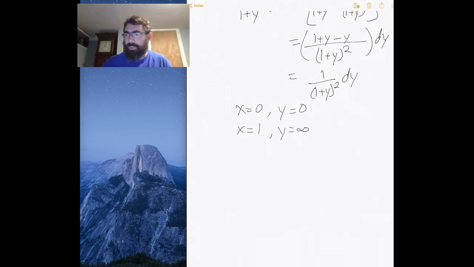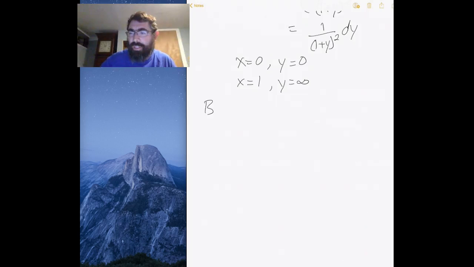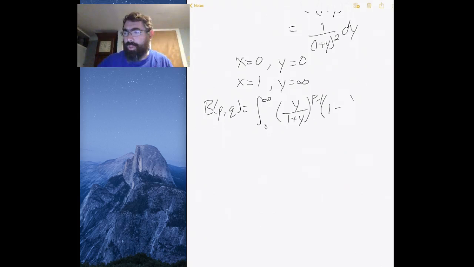So now I can rewrite the beta function in the range of 0 to infinity, y over 1 plus y to the p minus 1, 1 minus y over 1 plus y to the q minus 1, dy over 1 plus y quantity squared.